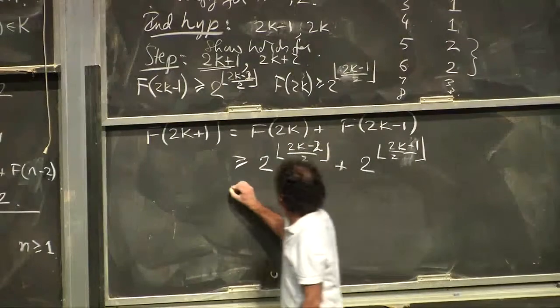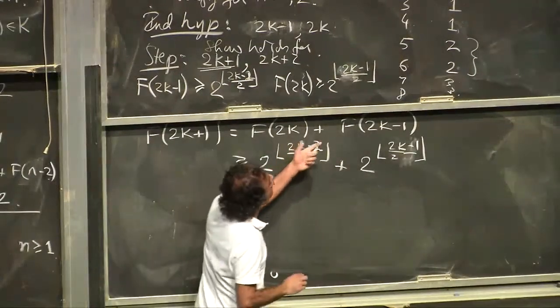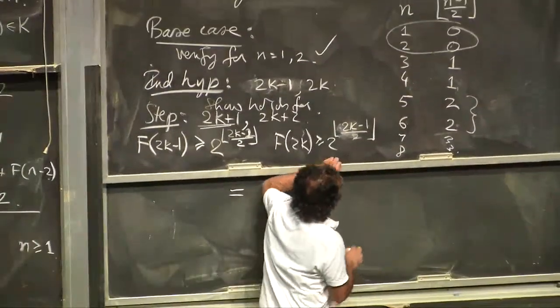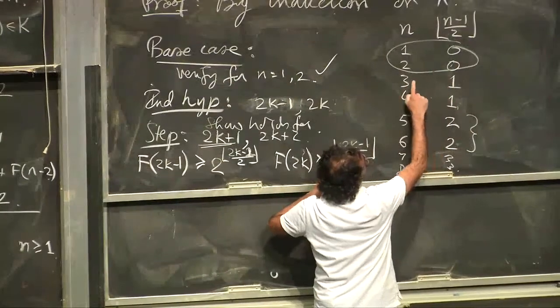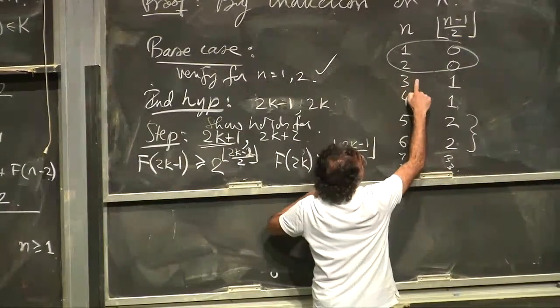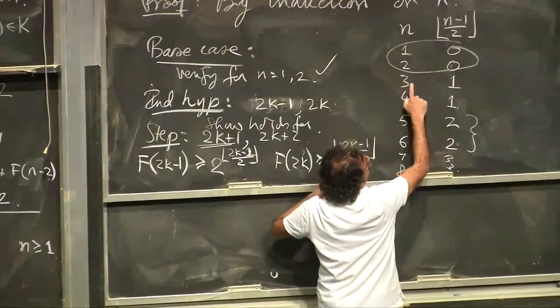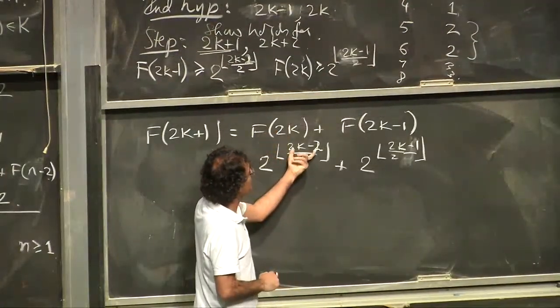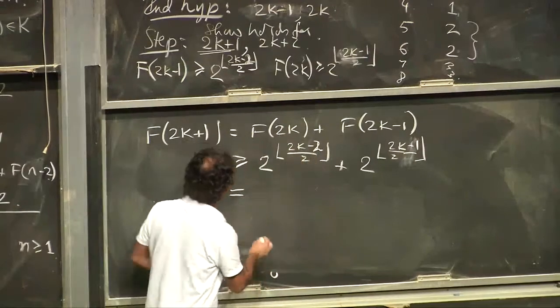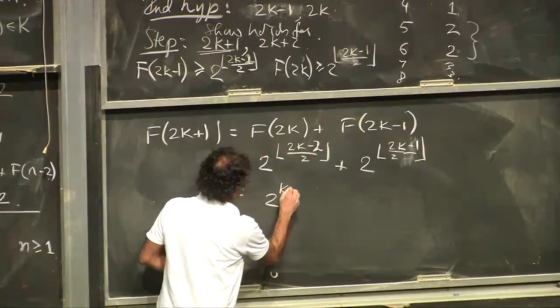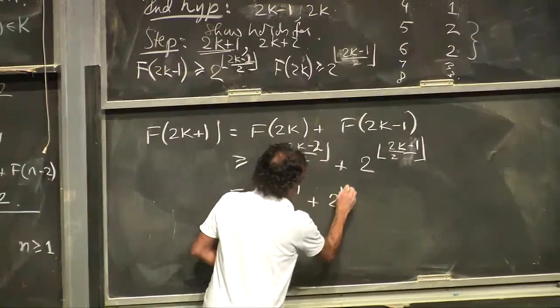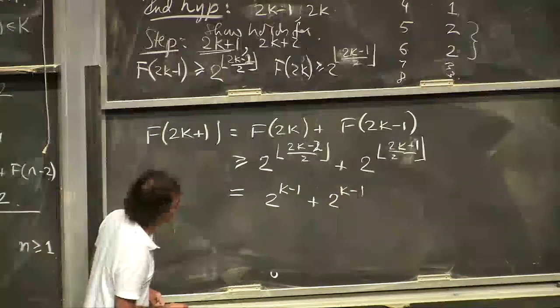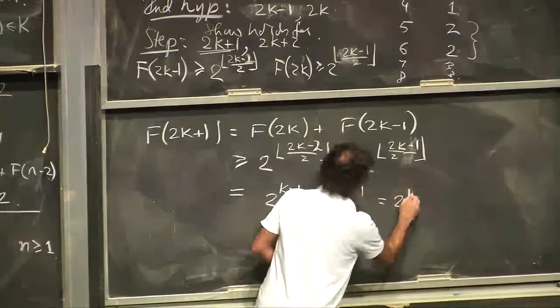So the first one is where we got the even number. So this is 2 to the power of k minus 1 plus 2 to the power of k minus 1, which is equal to 2 to the k.